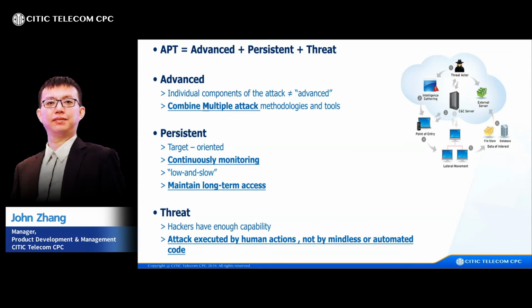And the second is the persistent. It's also the most threat way for an APT attack. Usually for the traditional attack, when the hacker just like hack your password, enter your database, stolen your data, and run away. But for the APT, it like a persistent.